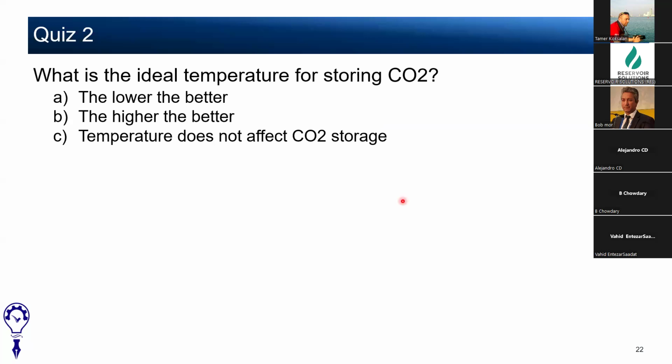The lower the better, the higher the better, or temperature does not affect. Please answer in the chat box. Thank you.